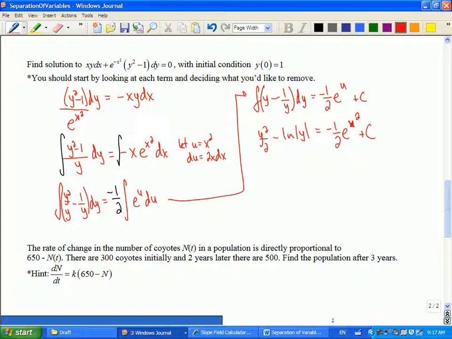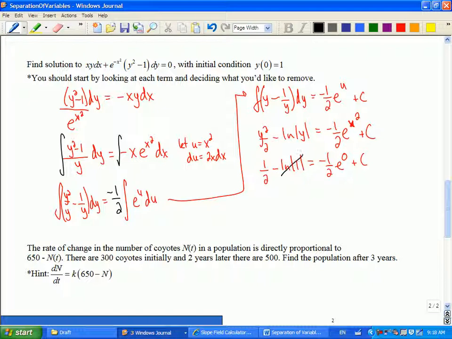We can still come up with what that constant would have been, and the way we'll do that is by substituting back in. So if I put in y equals 1, I would have 1/2 minus the natural log of 1 equals negative 1/2 e to the 0 plus that constant.